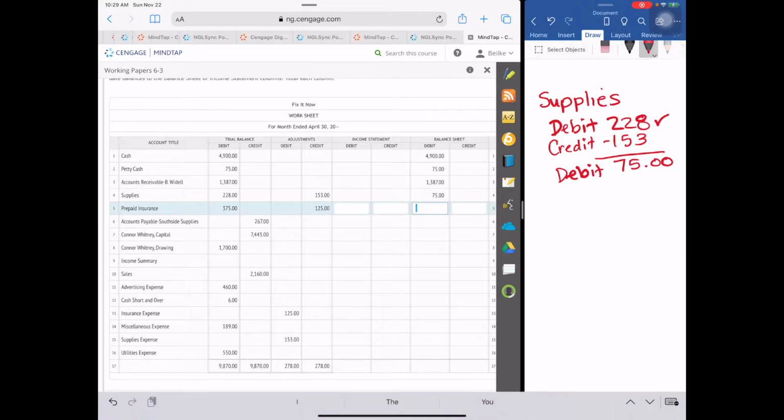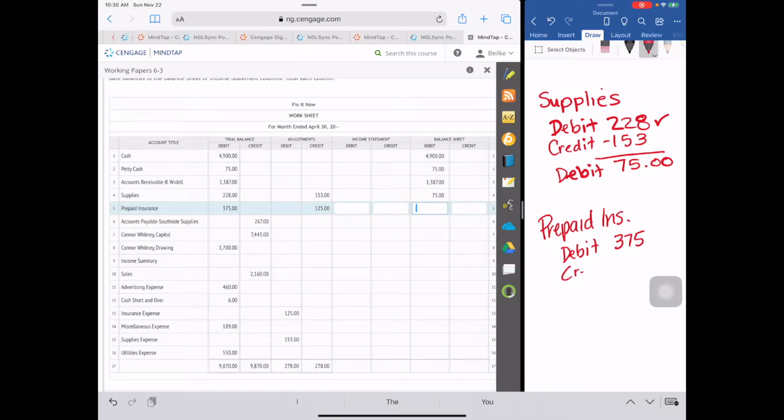Going on to prepaid insurance. It has a debit over here of $75. I think I said 75, but it's $375.